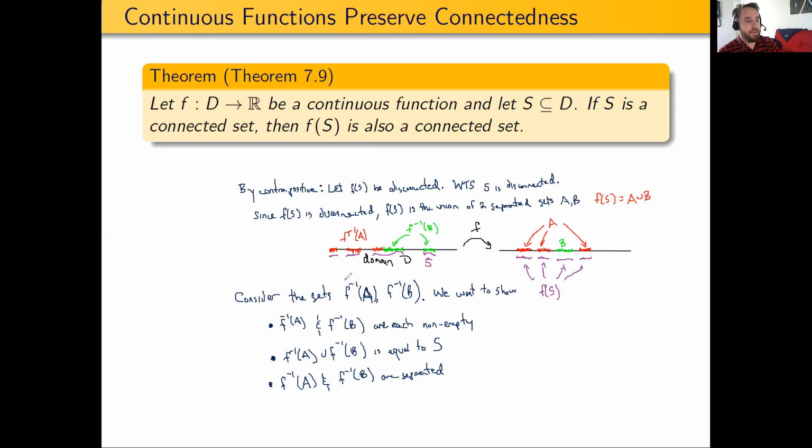What we can do to get around this is, and we probably should have done this from the start, I apologize that we didn't, instead of taking F inverse of A and F inverse of B by themselves, I could take F inverse of A intersect S and F inverse of B intersect S. Right, so a small technical detail that just means that my red and my green points are not coming from elements that were not in the original S to begin with, right?